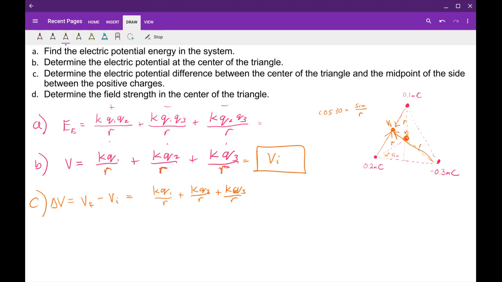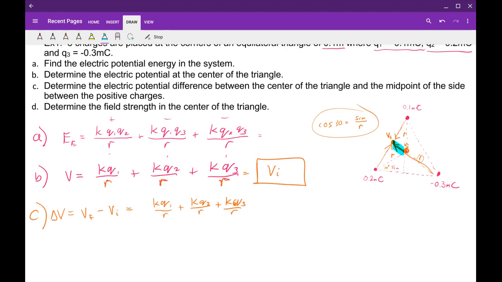We could figure that out by adding the answer to that previous R, which would be 5 centimeters over cosine 30, plus this little section in here. You could figure that little section out by using, I suppose, the Pythagorean theorem, because you've already got this leg here and that leg there.